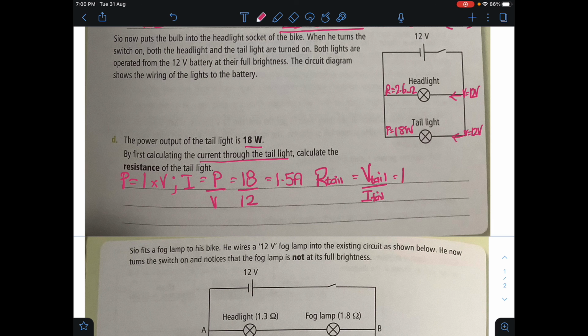So that is 12 divided by 1.5. And that gives us 8 ohms. So we've calculated the current first and then the resistance.